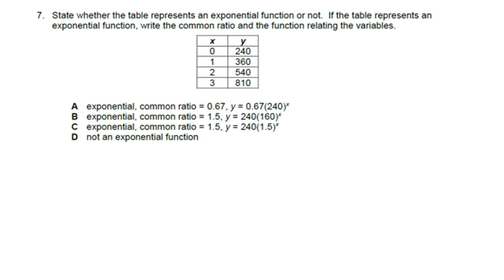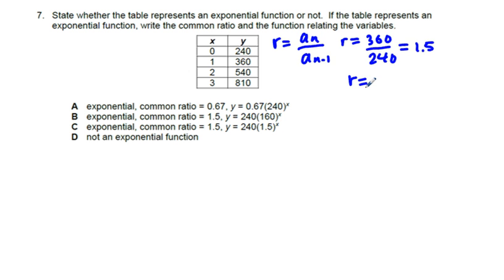Next, 7. State whether the table represents an exponential function or not. If the table represents an exponential function, write the common ratio and function relating variables. And so we can take these r's, and r is going to be equal to a sub n divided by a sub n minus 1. So our first term, we're going to have 360 divided by 240, which is going to be 1.5.